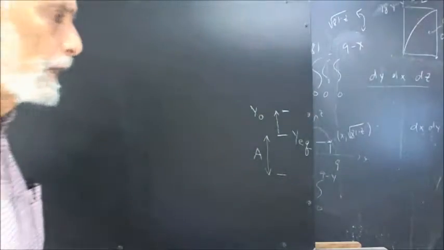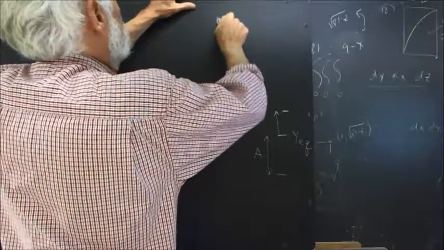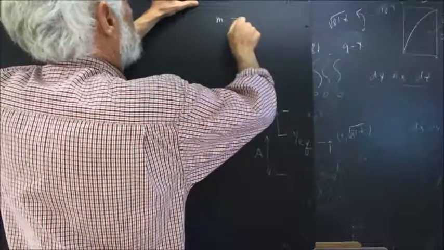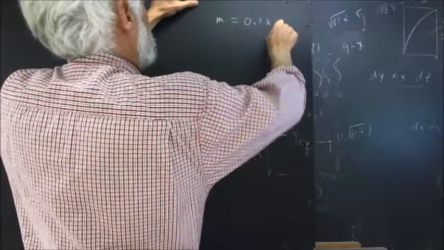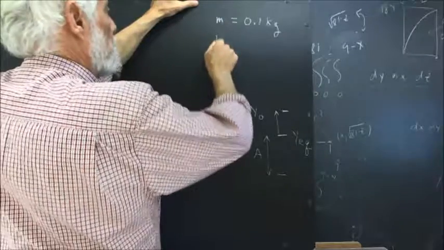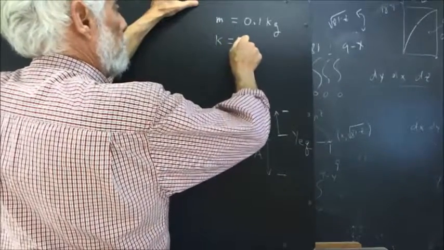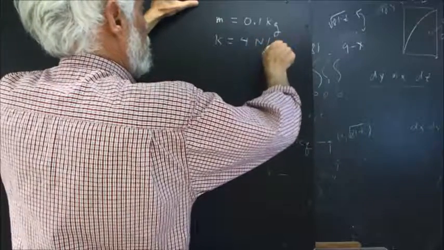And here is our Y naught. Now, the mass of the system is 0.1 kilogram, and the force constant is 4 newtons per meter.